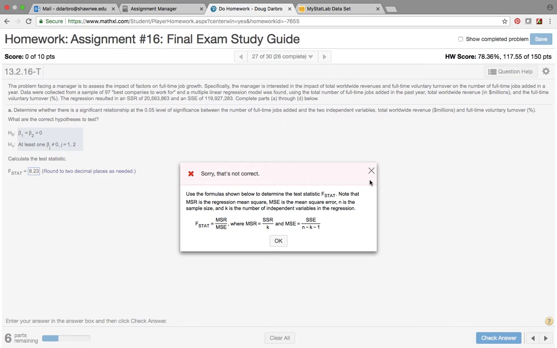So sum of squares regression should be 20,563,863 divided by two predictors, and then take that amount and divide by 119,927,283 divided by 97 minus 2 minus 1.